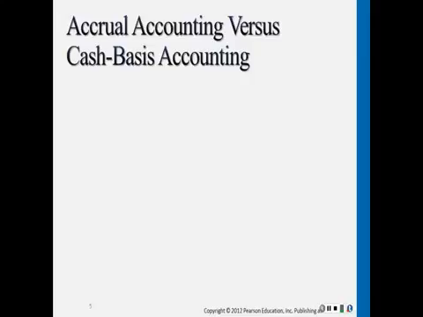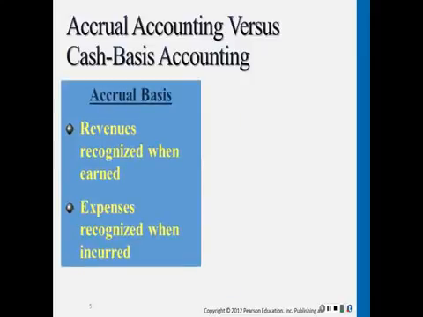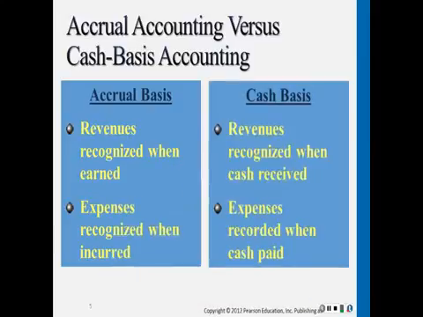There are two ways to do accounting. Accrual accounting records the effect of each transaction as it occurs. That is, revenues are recorded when earned and expenses are recorded when incurred. Most businesses use the accrual basis as covered in this book. Cash basis accounting records only cash receipts and payments.